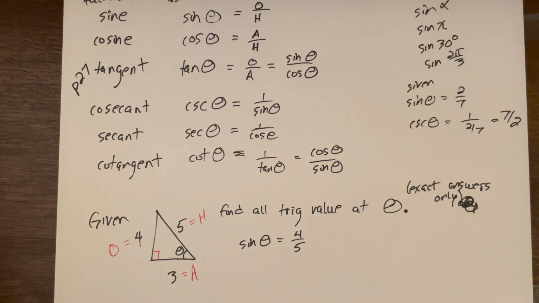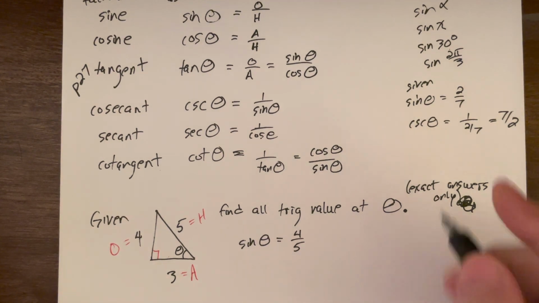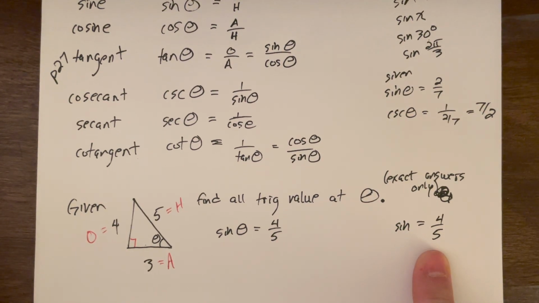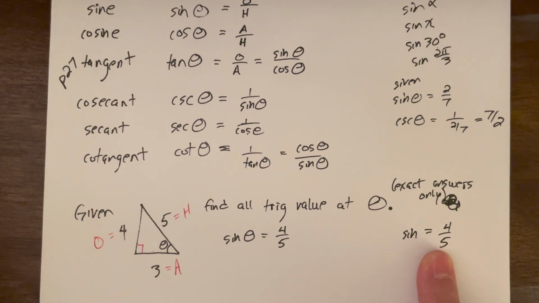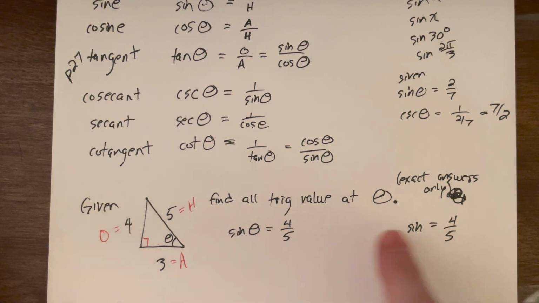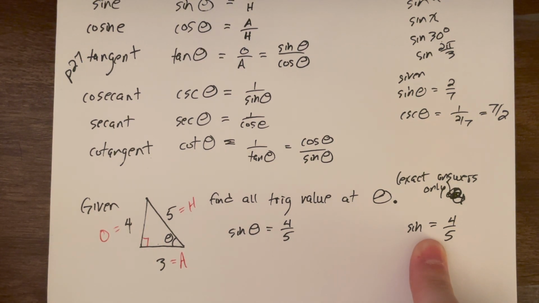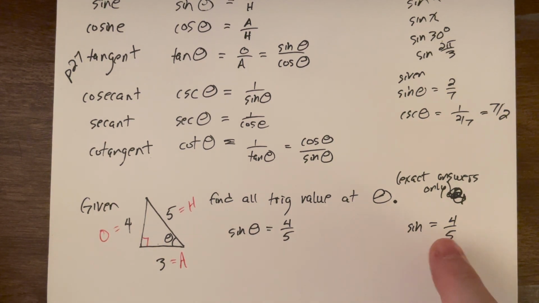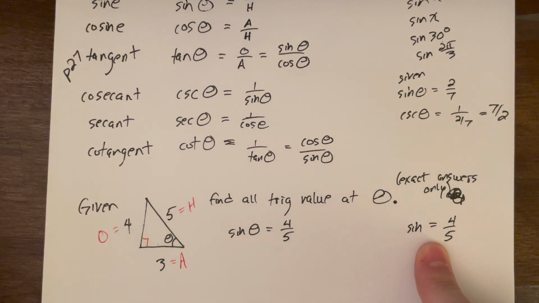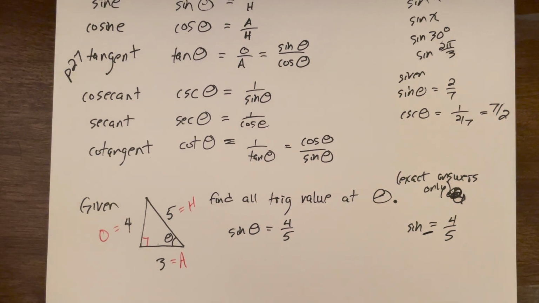Okay, before I keep going, let me point out something that's wrong. Garbage. And it looks innocent. People are like, well, what's wrong? It's the same thing. You're missing the theta, and that is so crucial. If your reader really tried to give you the benefit of the doubt, you never labeled your angle.